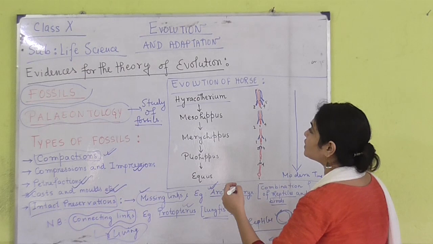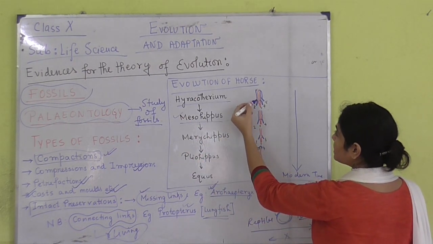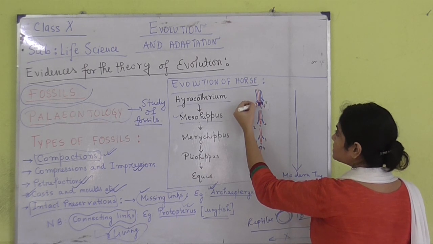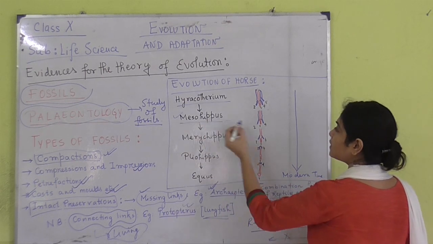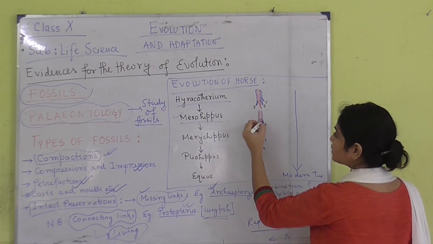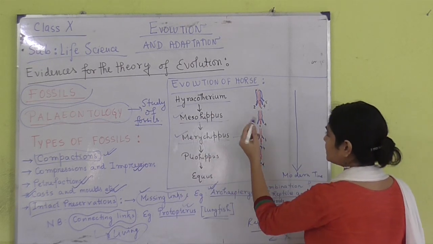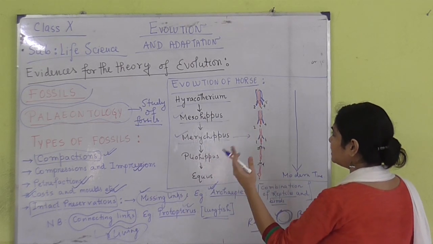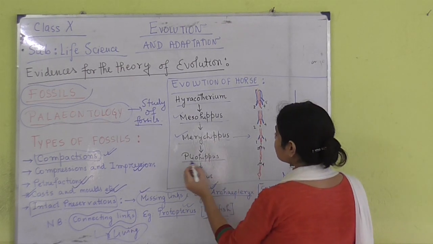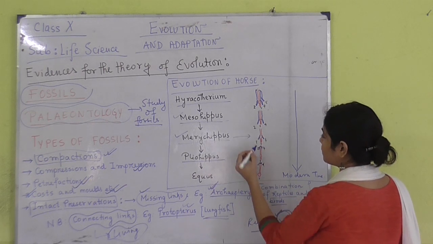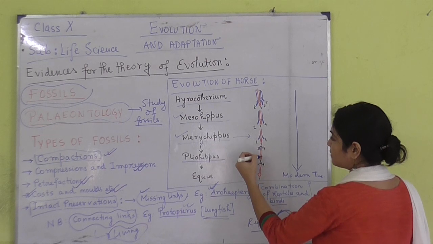So the first one is Hyracotherium, then comes the Mesohippus. If you see, there are prominent digits, you can see 2, 3, 4, 5 digits, and when we are coming to Mesohippus, then you see the 5th digit is not there. So 2, 3, 4, and when we are coming to Merychippus, then you see these digits have nearly shrunk, right, and when we are coming to Pleohippus, you see they have totally gone upwards, in the upper part of this main digit number 3.